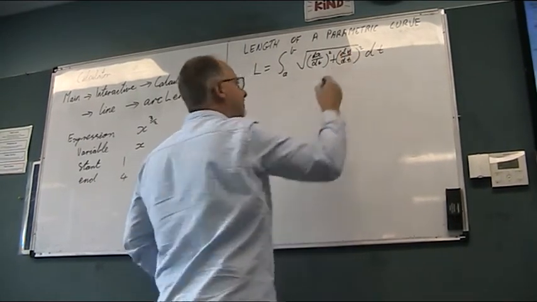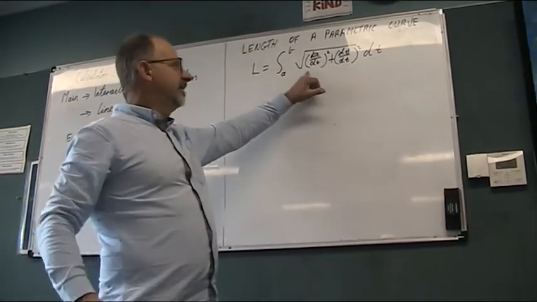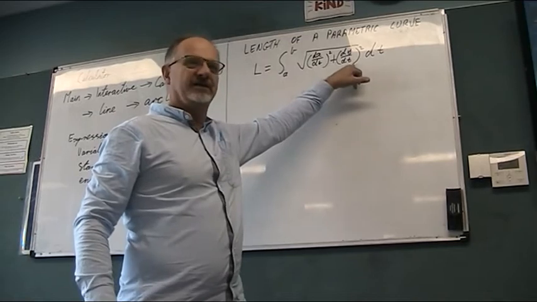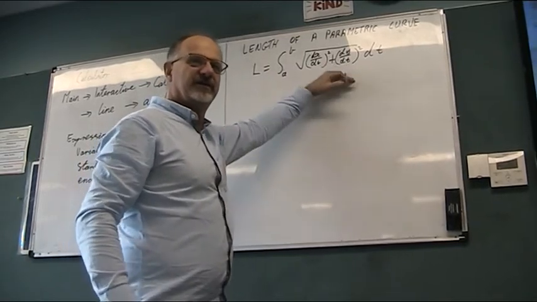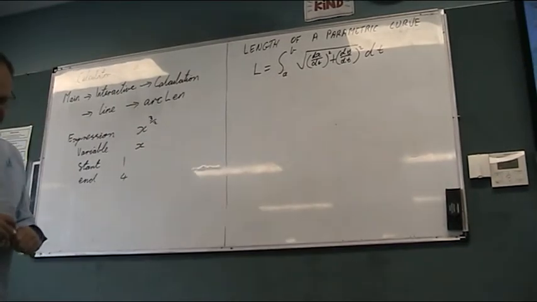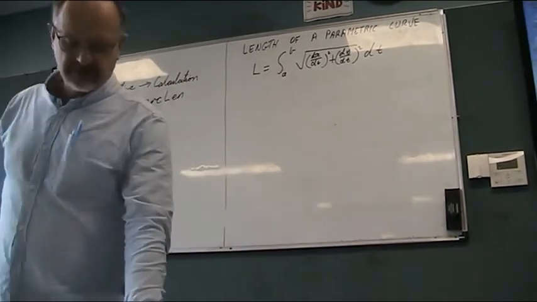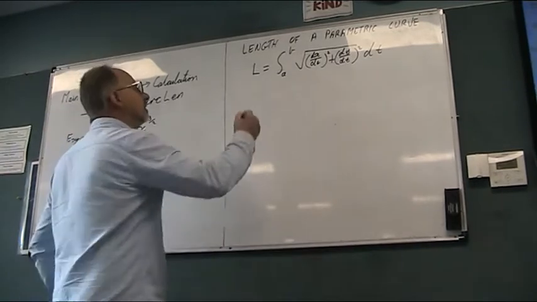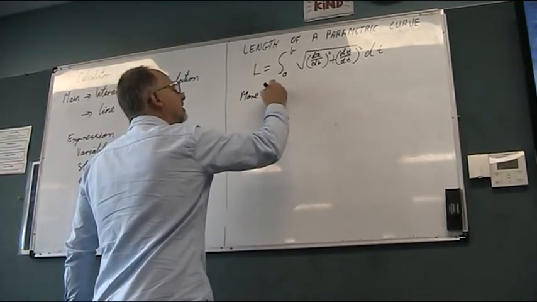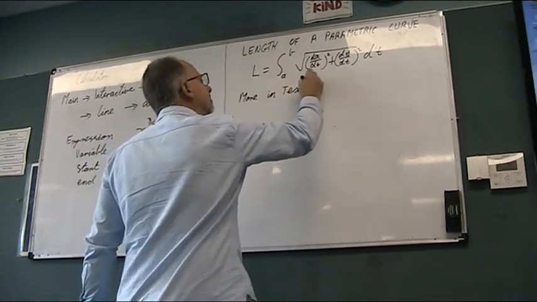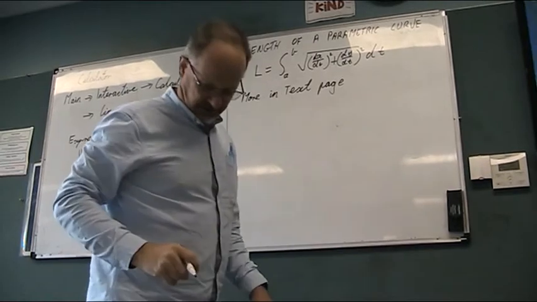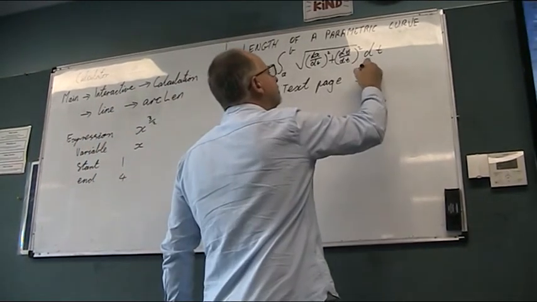So effectively, it's saying how much does your x change by, how much does your y change by. Use Pythagoras to find that length. And there's more in your textbook, page 358.